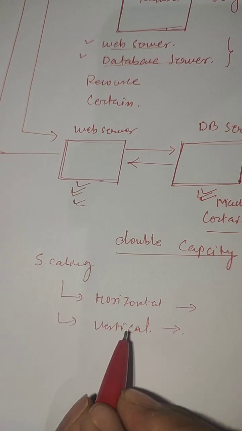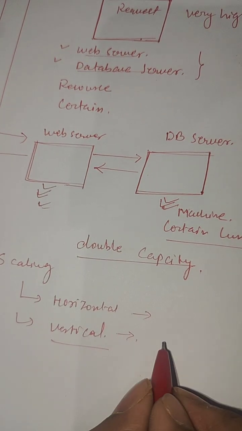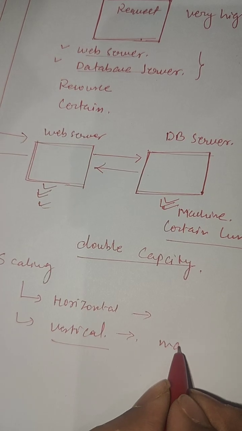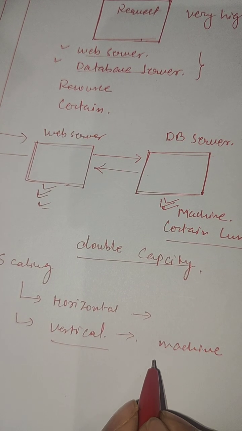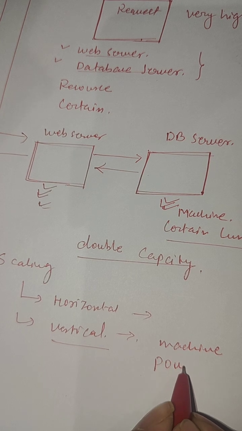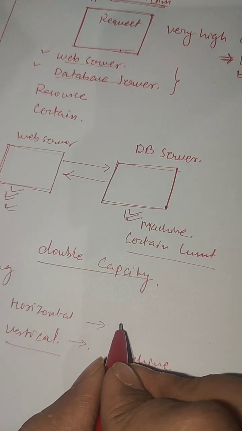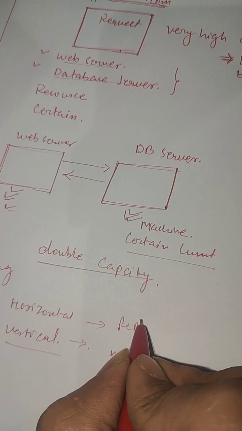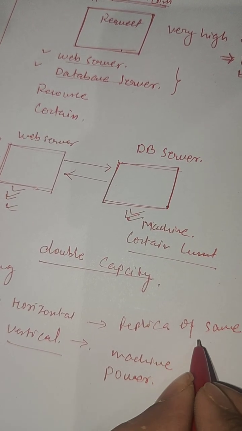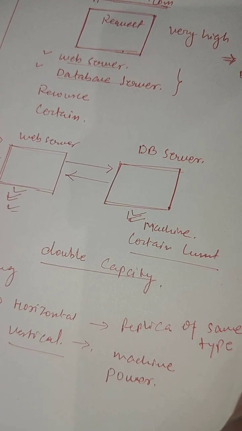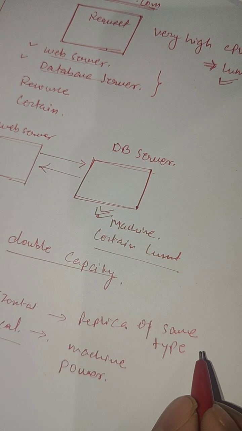The difference is that vertical means in the same machine you are enhancing the machine power. But horizontal means you are adding replicas of the same type of machine, and serving the requests and enhancing your service capability.